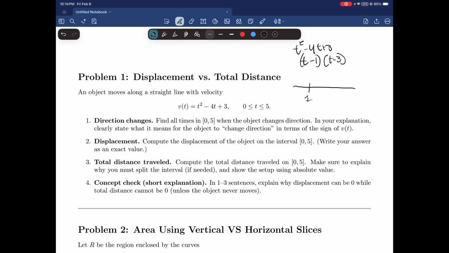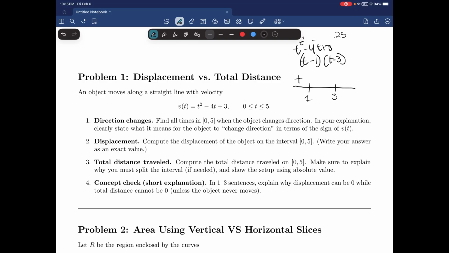So at 1, and then at 3, let's take a point like 0.5 and plug it into the original equation.